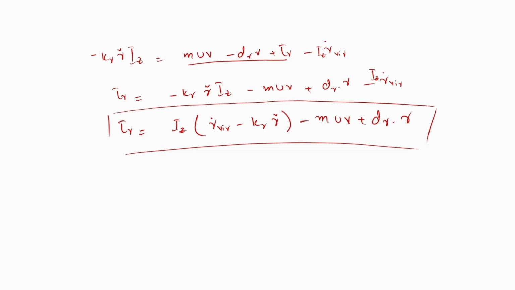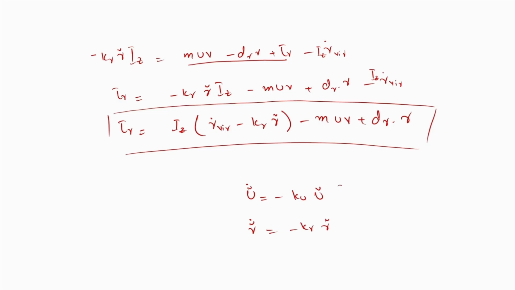So now we have tau u and tau r, and we have designed the 3 degree of freedom ship control. This control technique is often called backstepping control, because we cancel out these nonlinear terms and achieve our desired objective of stable dynamics, where our aim is to achieve u tilde dot is equal to minus ku u tilde and r tilde dot is equal to minus kr r tilde.